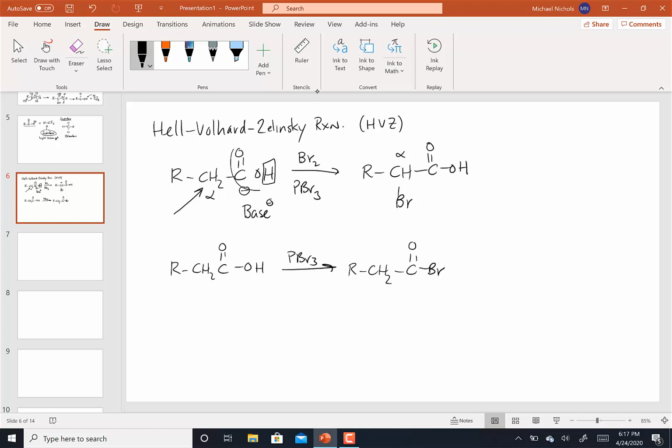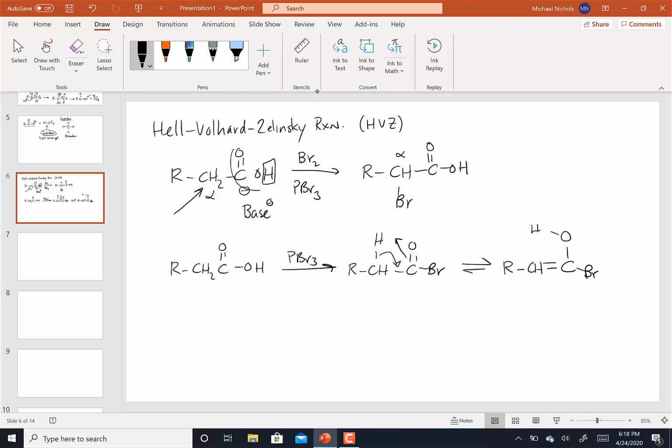So I would take this hydrogen, I would move this pair of electrons here, move that pair of electrons there, and this is an equilibrium, not a resonance structure. But then what I would do is I would go ahead and form that enol.